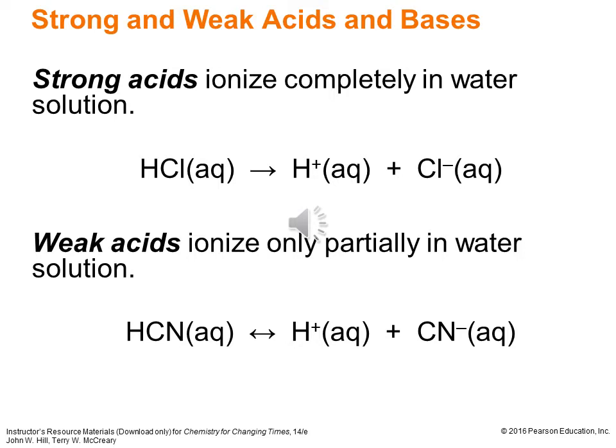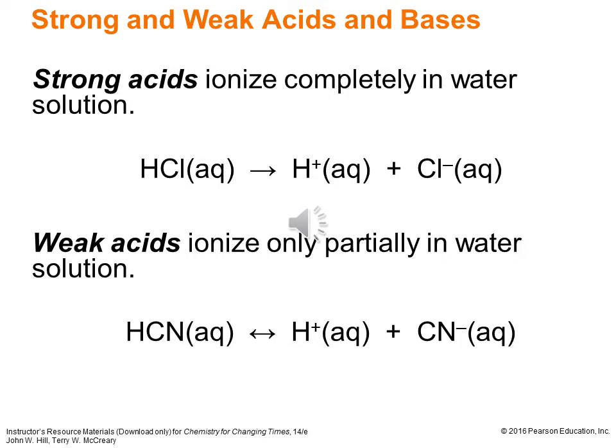But for our simple definition, and again, just looking at what we have in the chemical formula, we have no H2Os present, so we just say H+ and Cl-. For the weak acids, they only partially ionize. We see that double-sided arrow to indicate that actually for HCN, most of it stays as molecular HCN. Only a very small amount goes on to make H+ and CN- ions.